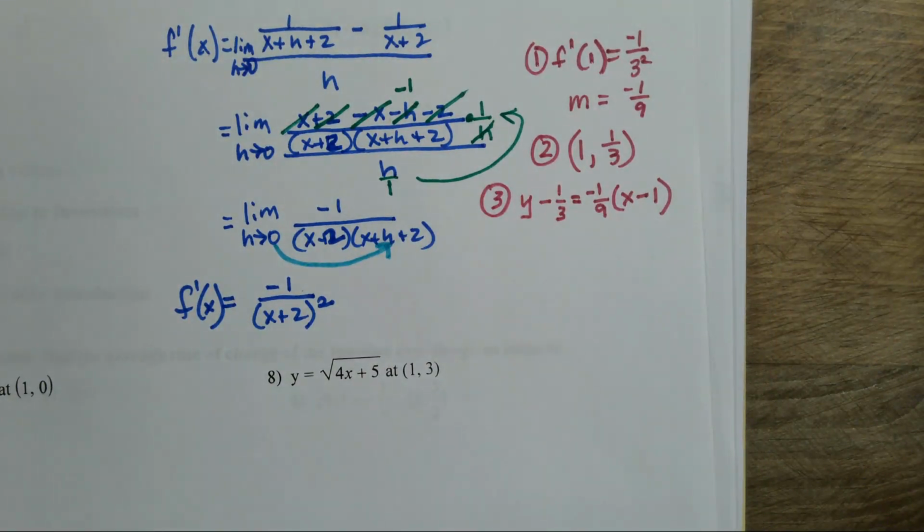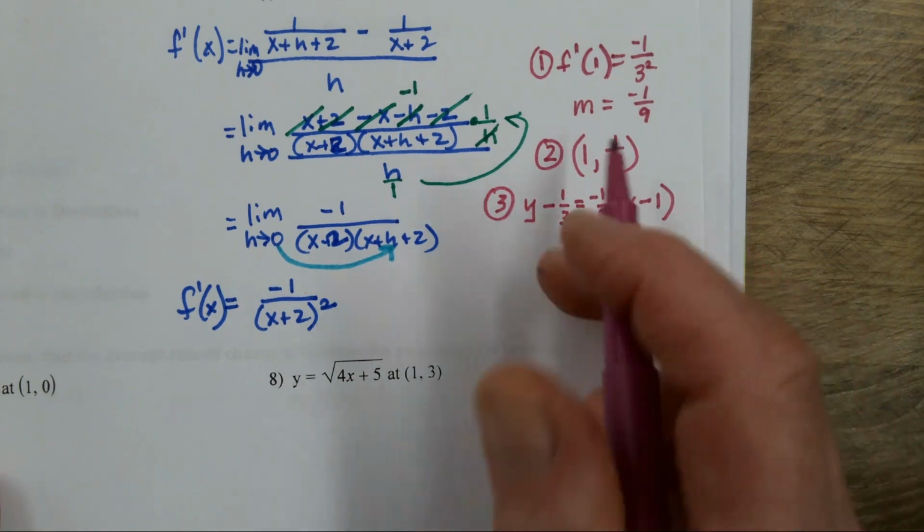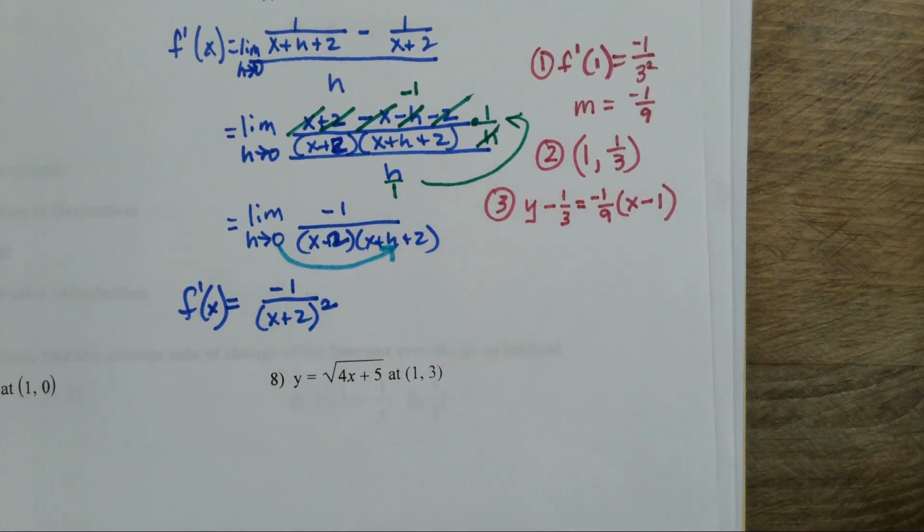Most of the time, you can stop here. If it asks for an equation of a line, this is an equation of a line and you're good. The only time you can't stop here is if they say to you, please write it in a specific form. And this particular problem says, write it in slope-intercept form, so that's where my cleanup comes into play.